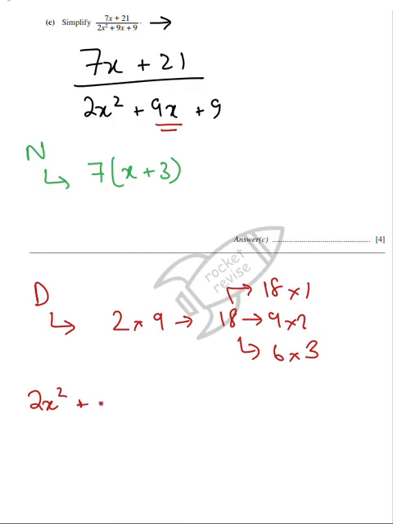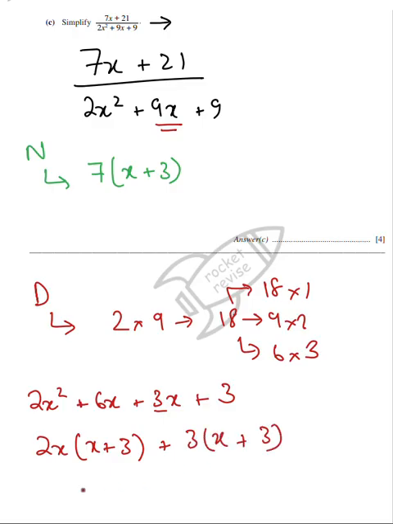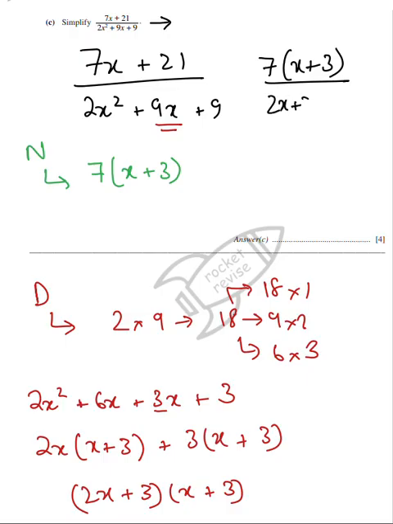2x squared plus 6x plus 3x plus 3. Let's take 2x common here: x plus 3, and let's take plus 3 common here: x plus 3. We get 2x plus 3 and x plus 3 as the two factors. Am I right? Okay. Now let's arrange this fraction. 7 into x plus 3 is the numerator, and 2x plus 3 into x plus 3 the denominator.